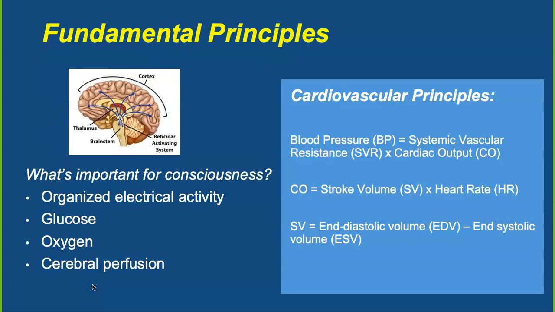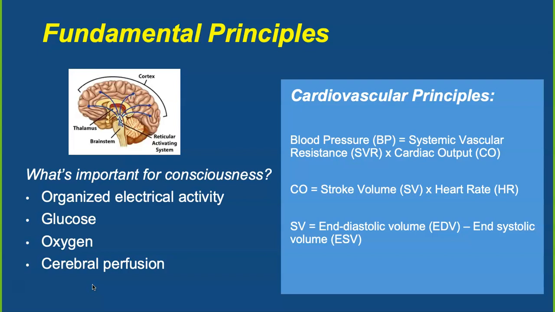So, some fundamental principles I want you to use as we go through the approach. You will learn that consciousness is regulated at the reticular activating system, which is located in the brain stem of the brain.